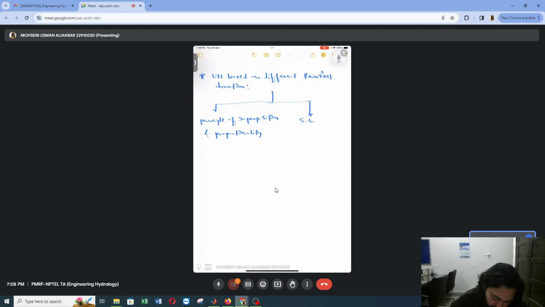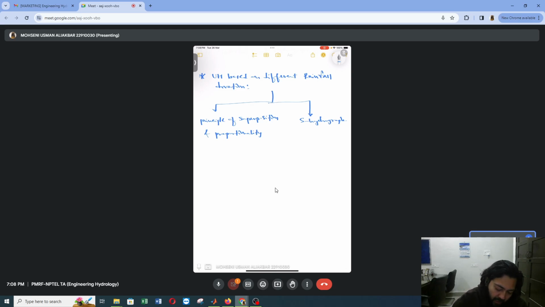The S hydrograph is the same as the unit hydrograph, but the thing that changes is the input: for the S hydrograph, the input is a step input. Also, it is based on the intensity of rainfall, whereas the unit hydrograph is based on effective rainfall, that is the depth of rainfall, whereas the S hydrograph is based on the intensity of rainfall, that is i equals to depth by D. That is the difference between the S hydrograph and the unit hydrograph.